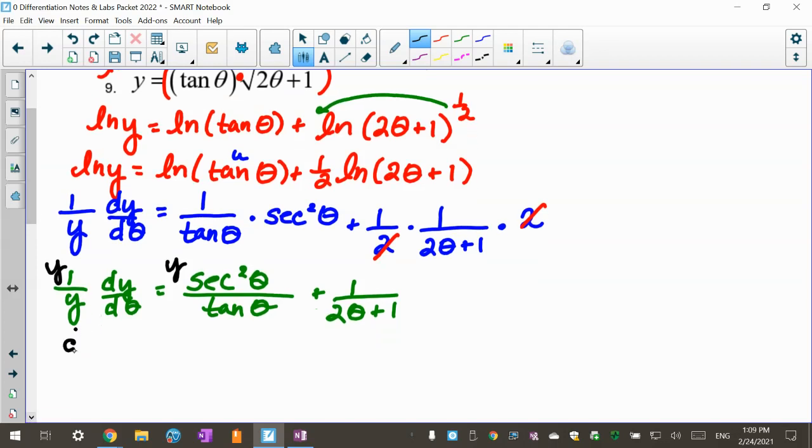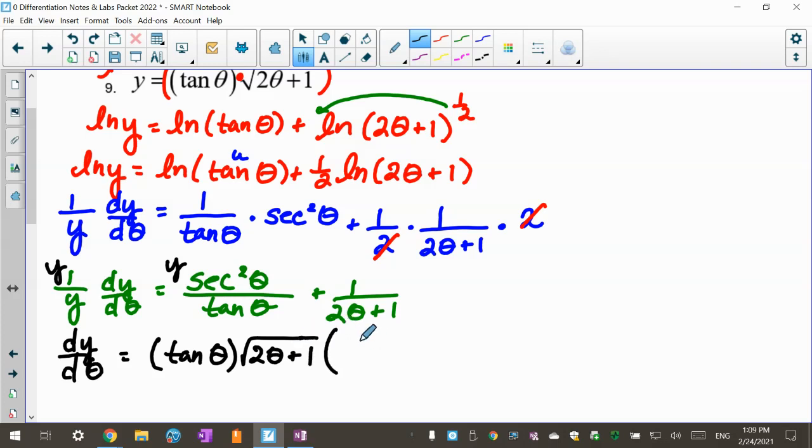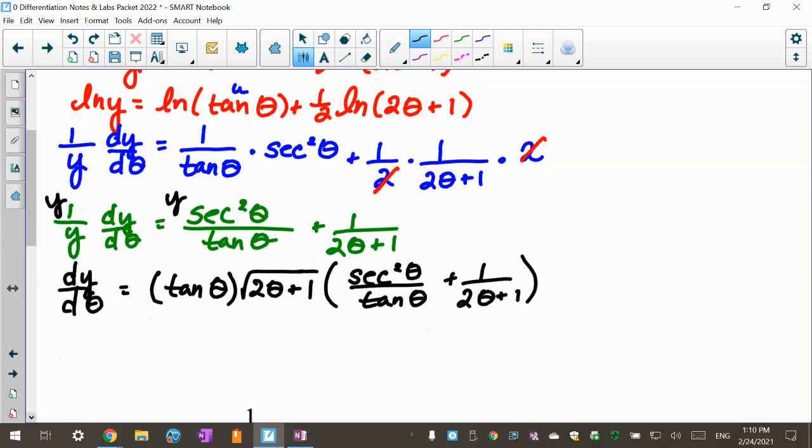So I have dy d theta is tan theta times radical 2 theta plus 1, that's my y, times secant squared theta over tan theta, plus 1 over 2 theta plus 1, which this is the derivative, that is correct.